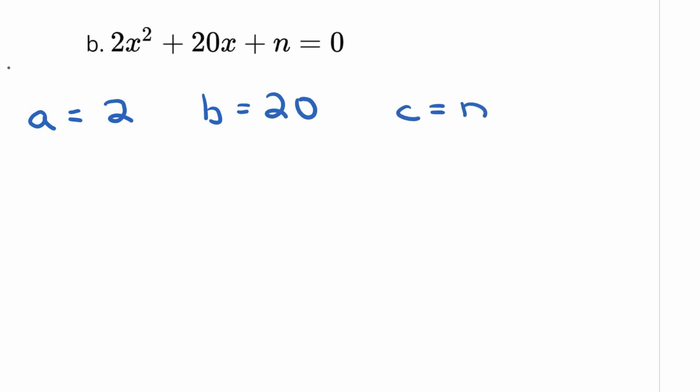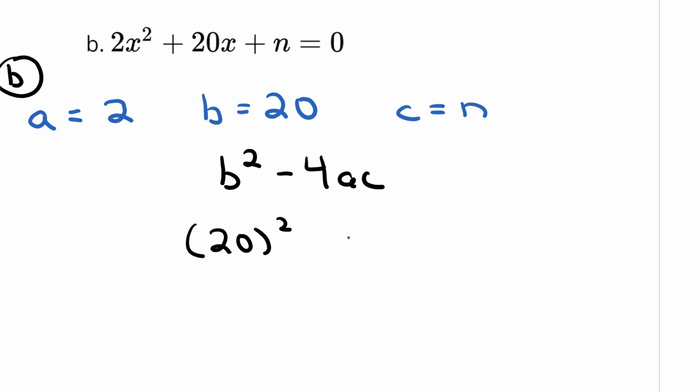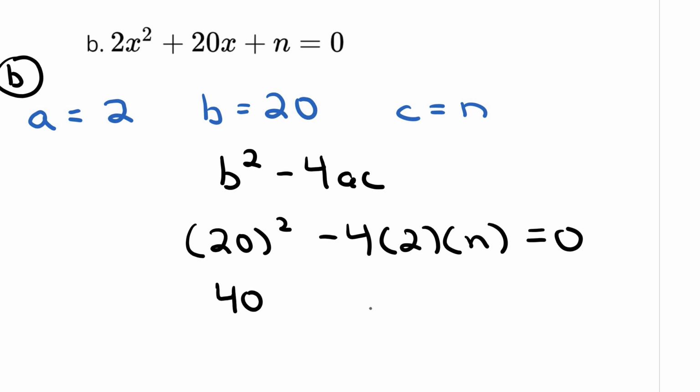Okay, so this is letter B now, right? Question B. And let's go ahead and write out the discriminant, which is b squared minus 4ac. The value of b is 20, a is 2, and c is n. And let's just set this equal to 0 because we want a real solution there, right? So 20 squared is 400, minus 8n equals 0.